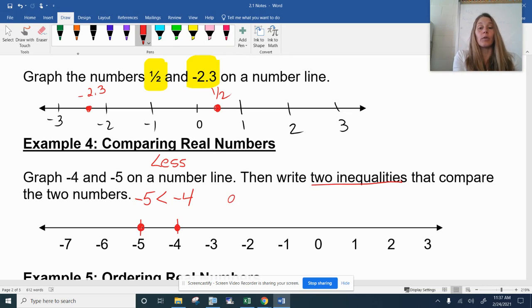Now, another way you could write that inequality would be if you put the -4 on the left and the -5 on the right. However, your sign would have to flip because it still has to point to the smaller number or the more negative number and still has to open up towards the larger or greater number.